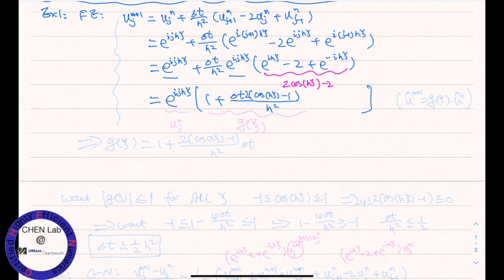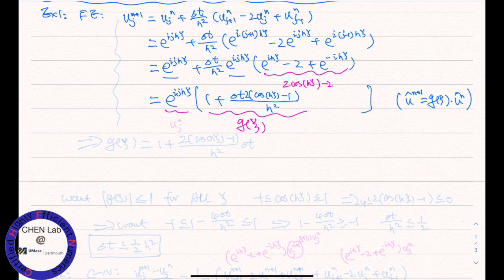So this term is our g c. If we relate it with what we just said, the next level is a multiple of the previous level. Because what is this?